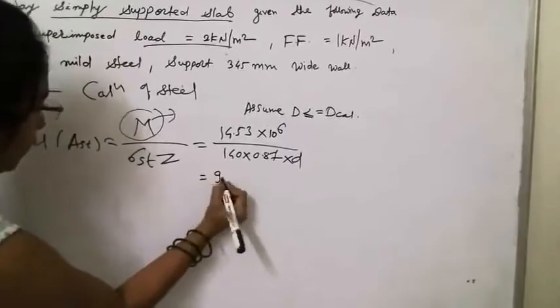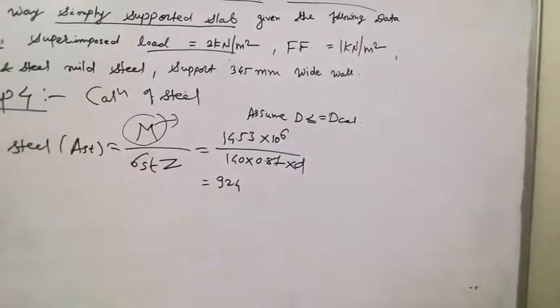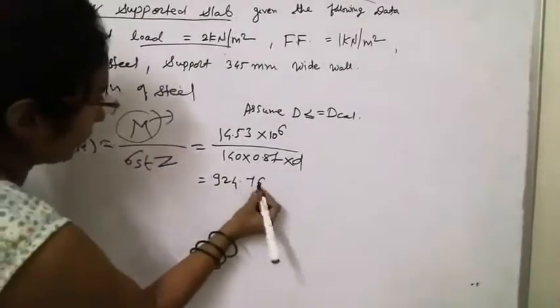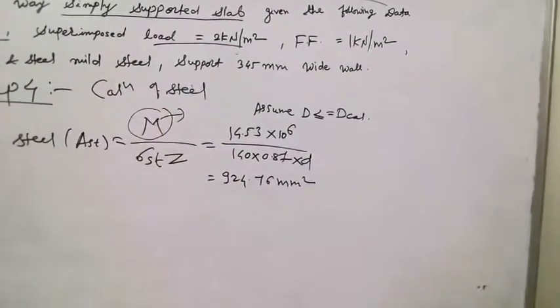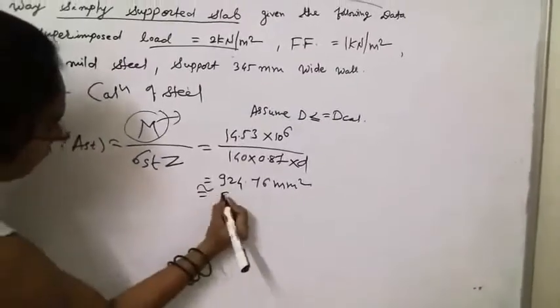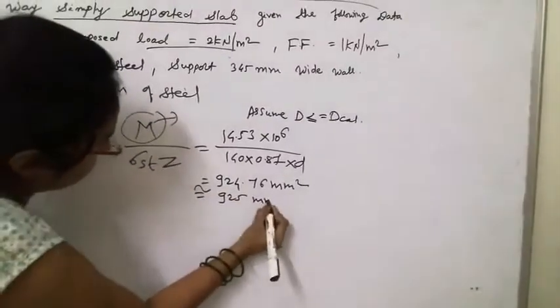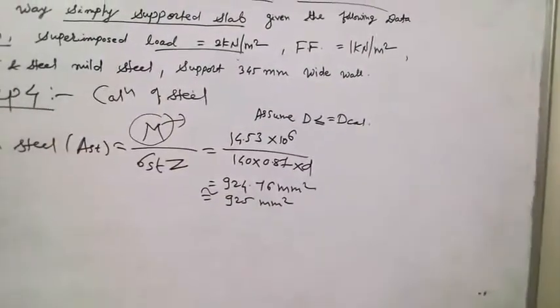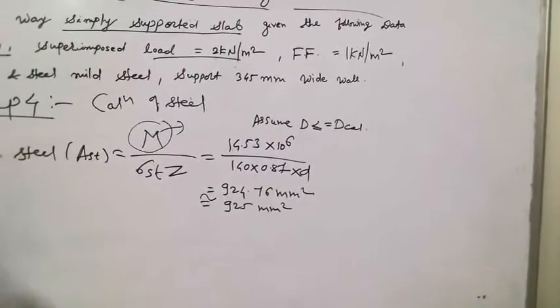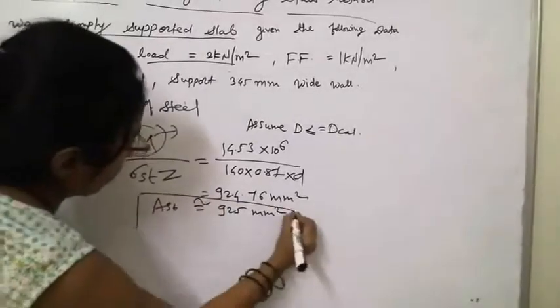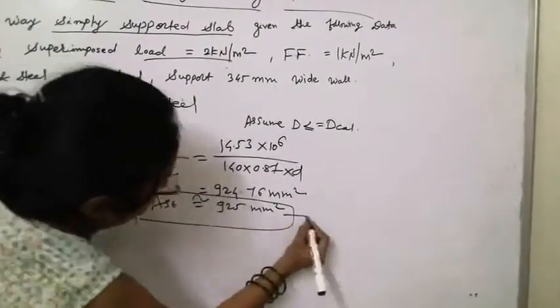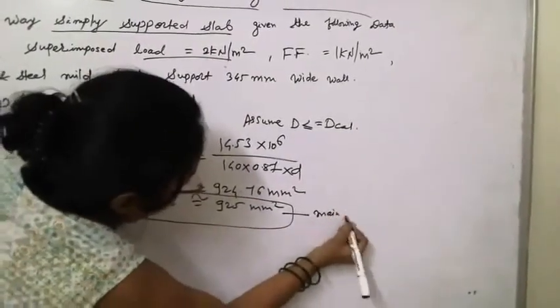It comes to 924.76 mm square. Round up, 925 mm square. This is the value of AST for main reinforcement.